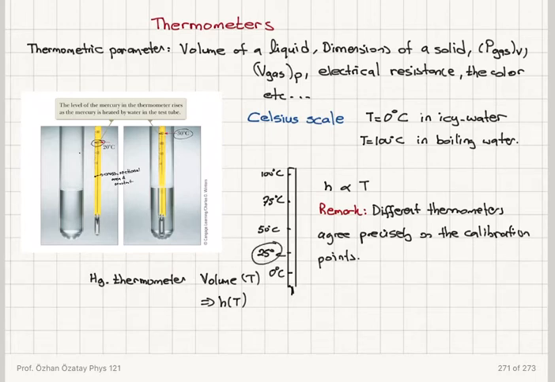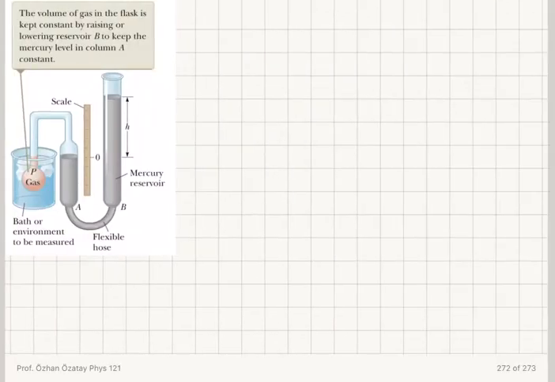If I have to read an intermediate temperature, let's say 25 degrees Celsius, using different thermometers, due to slight differences in the thermal expansion coefficients, due to slight nonlinear dependence on temperature of the physical property that the thermometer uses, the thermometric parameter, we can have slightly different intermediate temperature readings. But we are guaranteed to get precisely the same reading on the calibration points because all these thermometers were calibrated against the same calibration points.